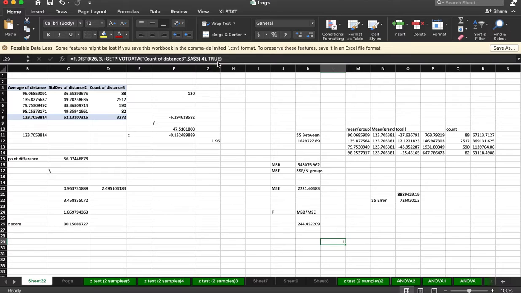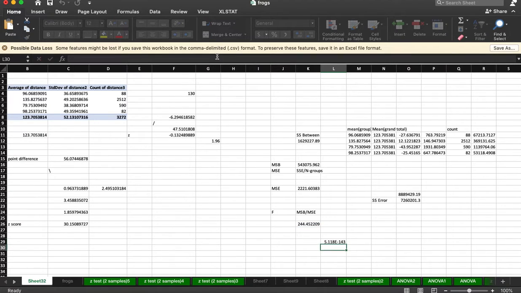We're going to say false, actually. There we go. False. That's the part of the tail that's way out there. So basically 0. So the chance that all of these means are the same is basically 0. We will reject the null hypothesis of F that says they're the same and conclude that at least one of them is different.